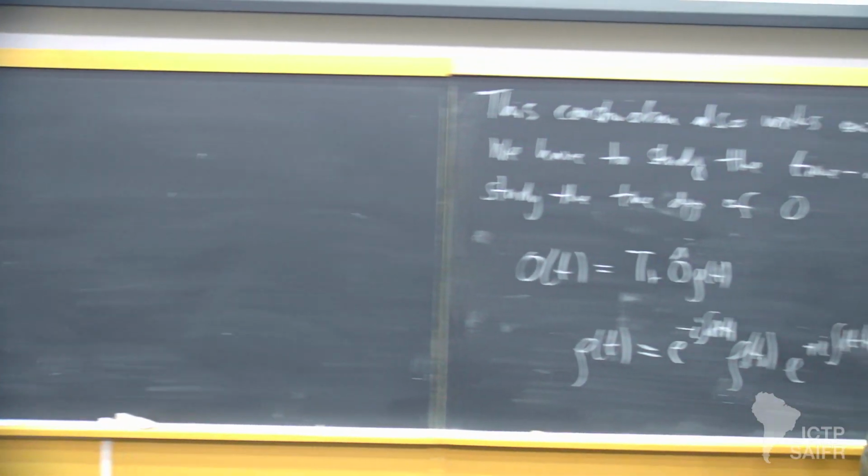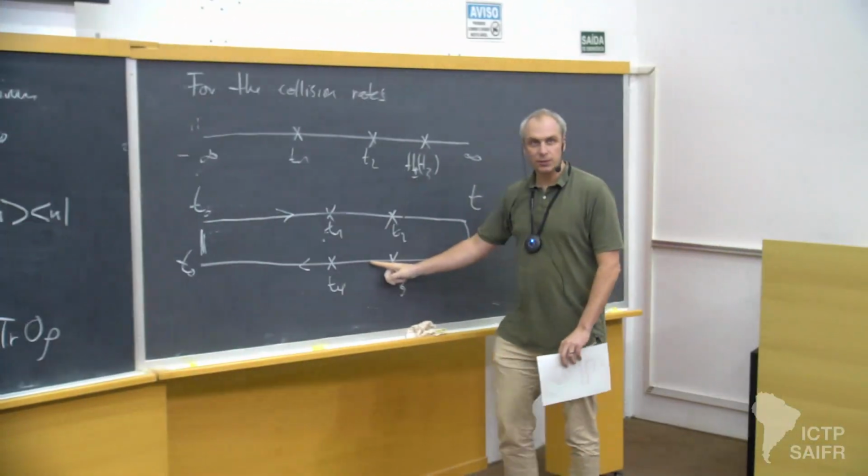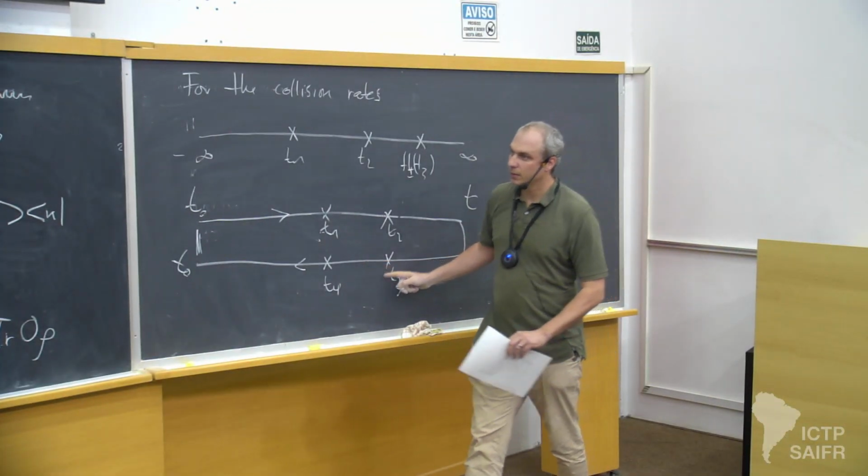Okay, so what would happen if both of these fields are on the second branch? What do we get?